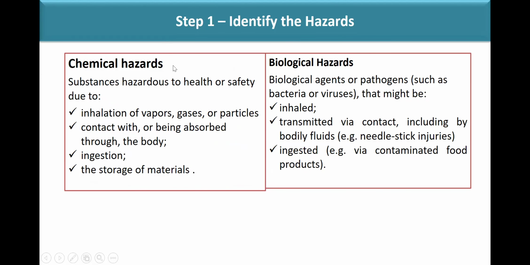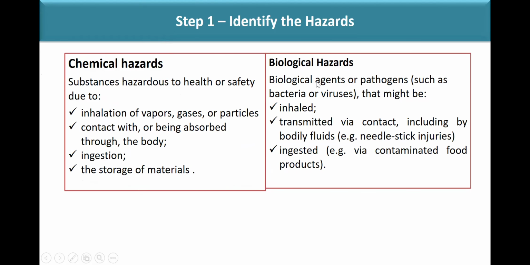Now, we are taking some chemical and biological hazards. Substances hazardous to health or safety due to inhalation of vapors, gases, or particles. Contact with them, being absorbed through the body, ingestion, the storage of materials.